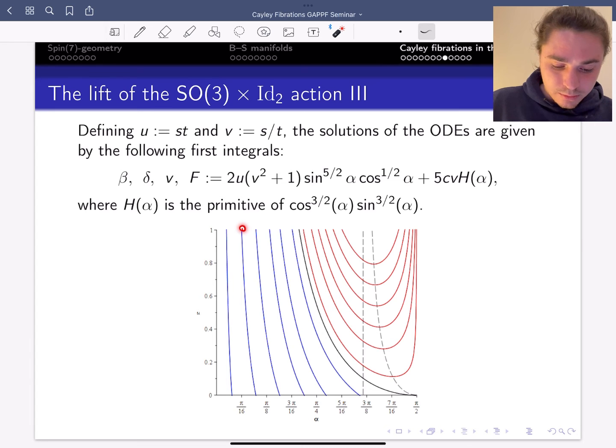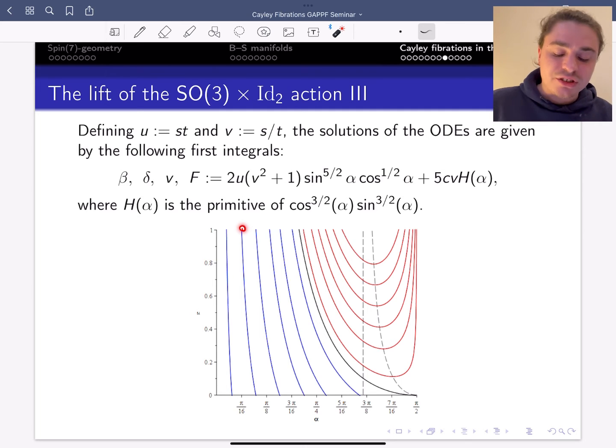So in particular, we can deduce the topology of our fibration of our Sp1 invariant Cayley by looking at this picture here. So we have Sp1 at each point here, and this Sp1 is going to 0, so u equal to 0, so to a zero section.